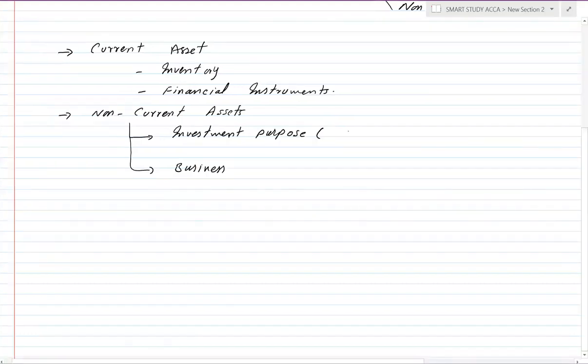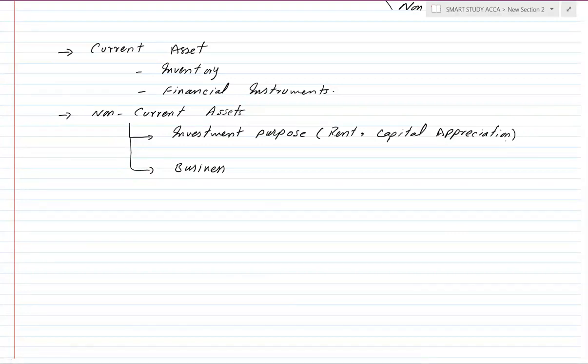If we have purchased an asset to earn rentals or for capital appreciation, we will keep this asset for a while, and we are going to sell this asset at a premium price, at a profit. So it is called investment purpose.